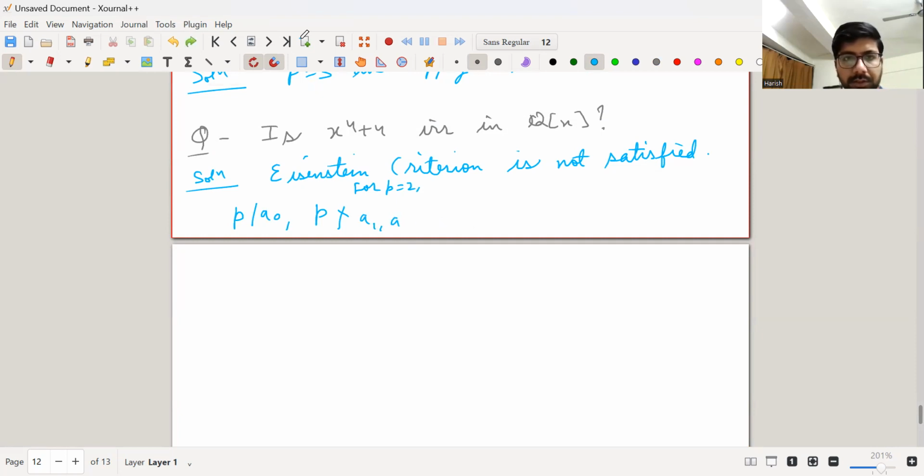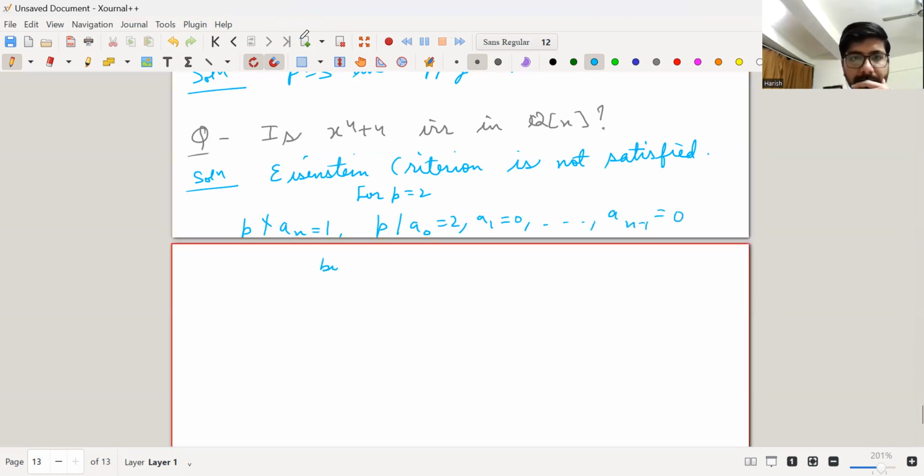Sorry, I'm doing very silly mistakes. So you can take p equal to 2, and p is not dividing an, that is 1, and of course p is dividing a naught, that is 4, and a1, that is 0, and so on to an minus 1, that is also 0.